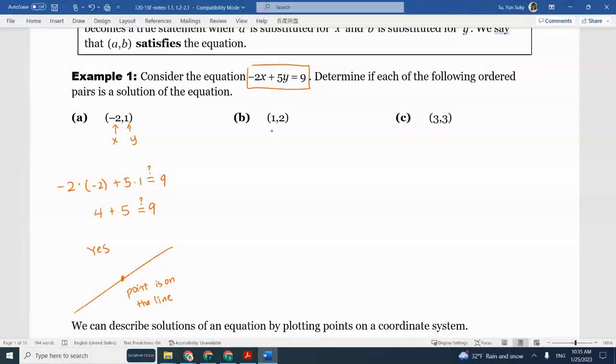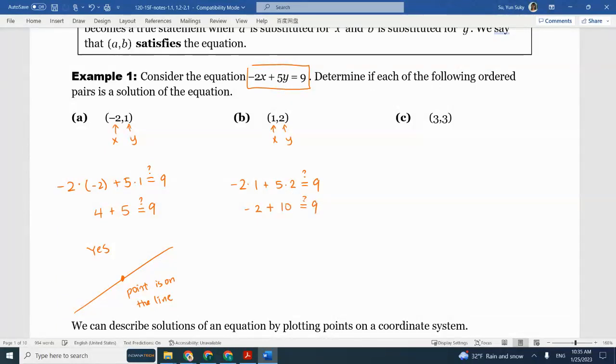Let's continue with part B. So x is 1 and y is 2. We plug in -2 times x, x is 1, plus 5 times y, y is 2. Is it equal to 9? Let's see, on the left-hand side, -2 plus 2 times 5 is 10.